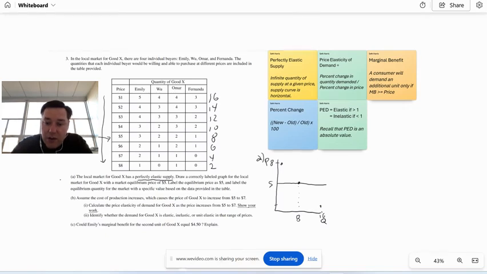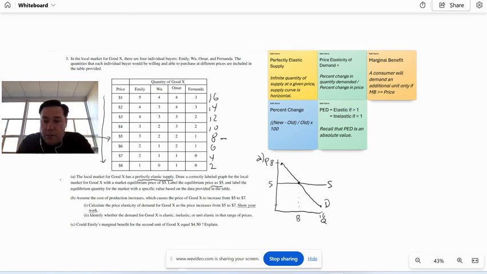So let's put that line there. And let's connect the dots. All right, so there is our demand curve. There is our supply curve. And we've got the equilibrium price labeled. We've got the quantity also labeled with a specific calculation. That's 8. And we should be good to go there for part A.